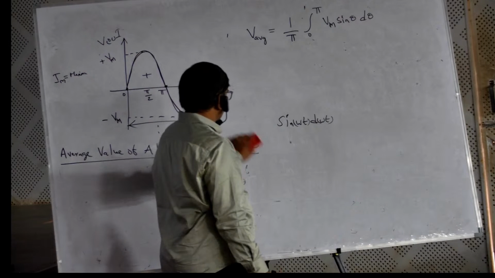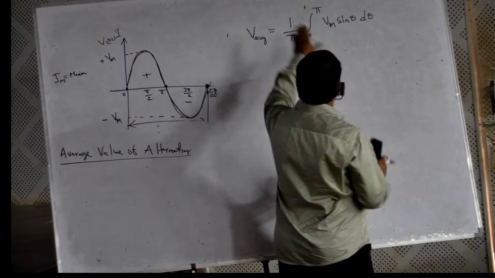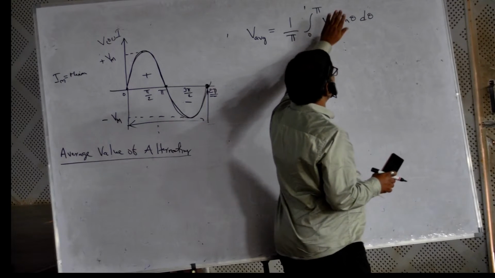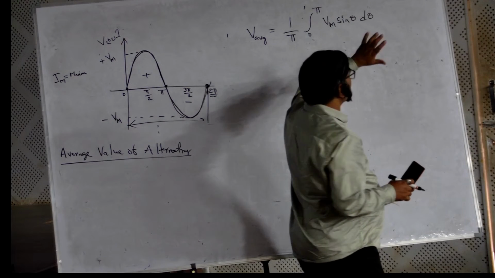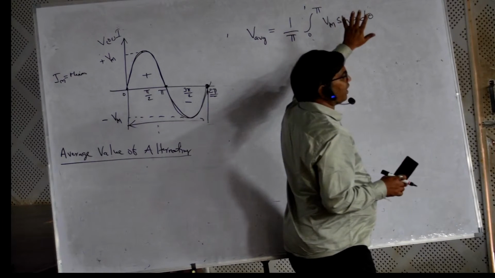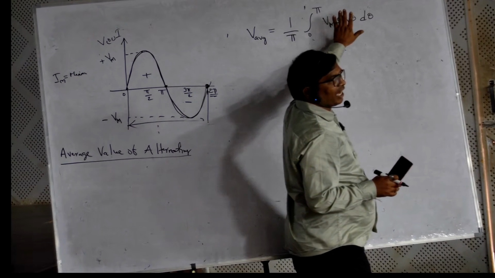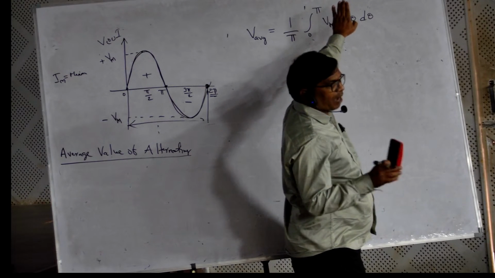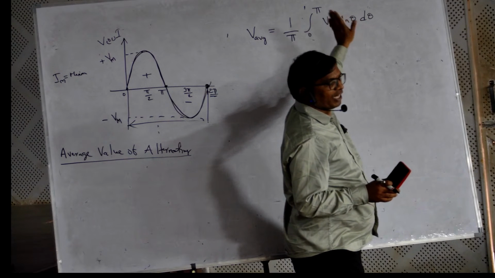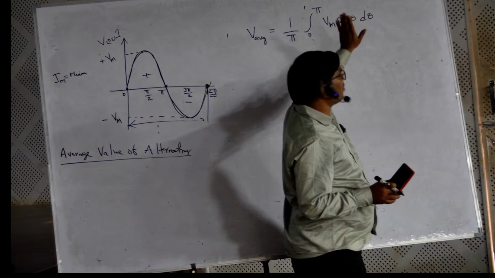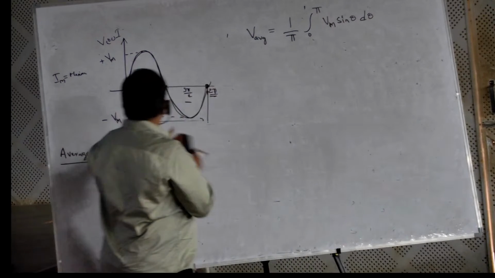So for simplicity, I have taken 1 by pi integral 0 to pi Vm sin omega t d theta. It is the general formula. The numerator value is Vm sin theta, the AC formula, and we have to integrate from 0 to pi only.